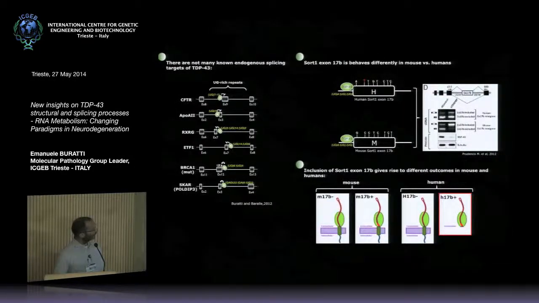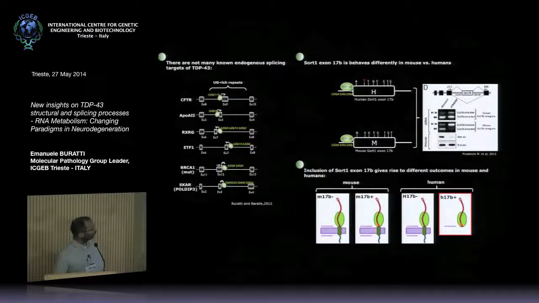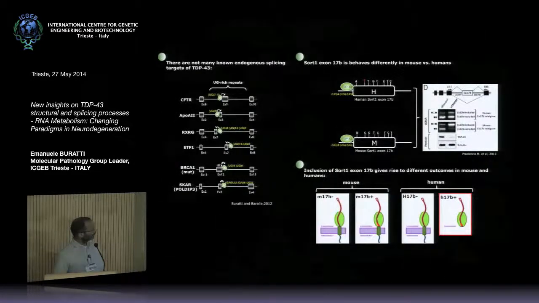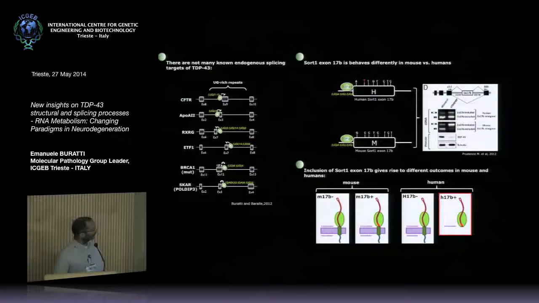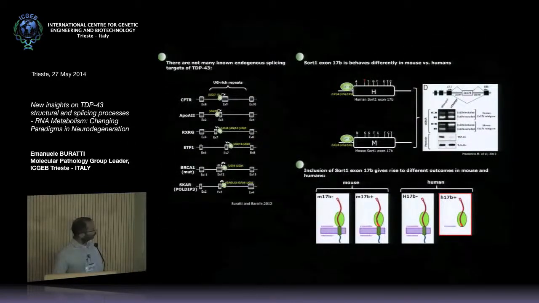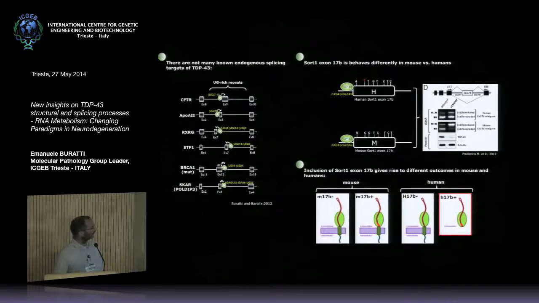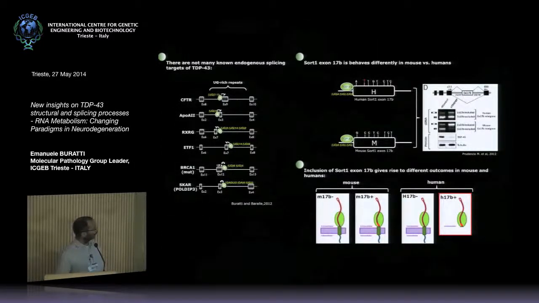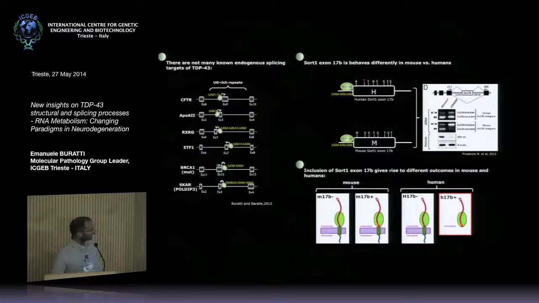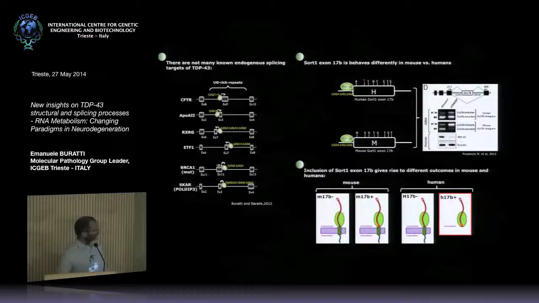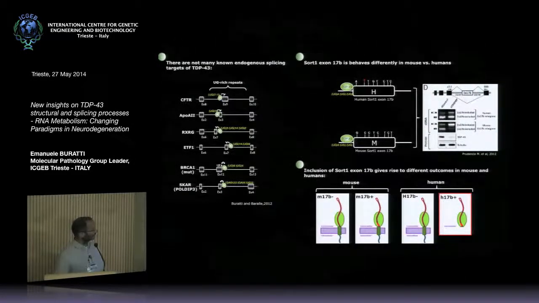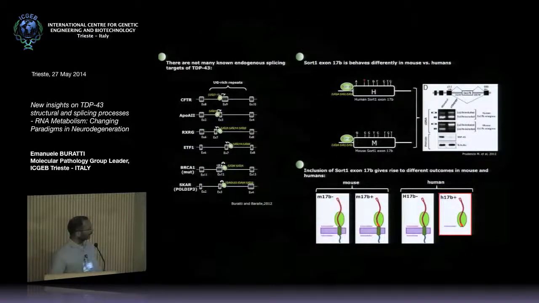So in the mouse context, inclusion of this exon 17B will just result in making a SORT1 receptor that is functionally identical to the receptor lacking exon 17B, and this is what Leonardo proved in his lab using functional tests of progranulin uptake by cells that were transfected with these two different isoforms of the receptor.